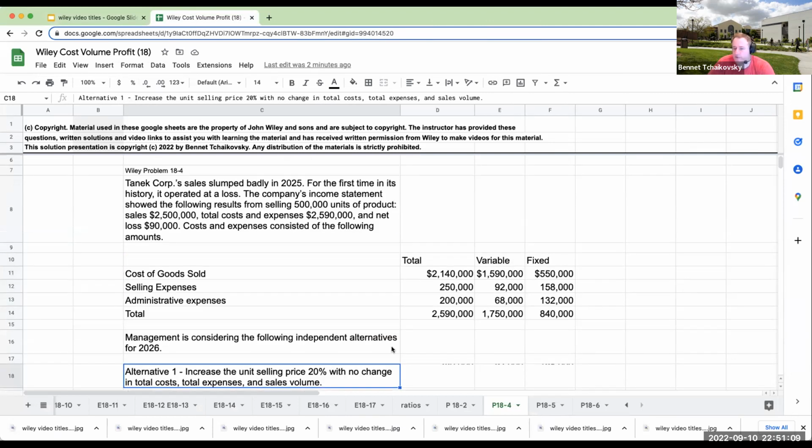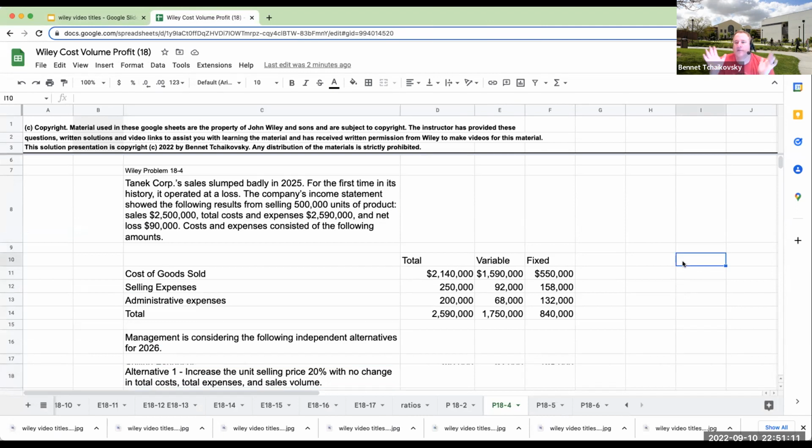Okay, so management is considering the following independent alternatives. Before we get into the nitty-gritty, let's chart out where we are today. We're going to use a contribution margin format because we'll be playing around with costs, expenses, or volume. So we have sales less variable costs: cost of goods sold, selling expenses, administrative expenses, and total variable costs.